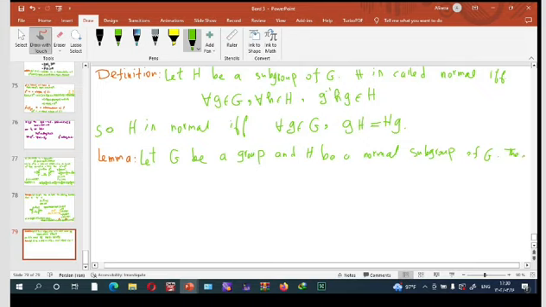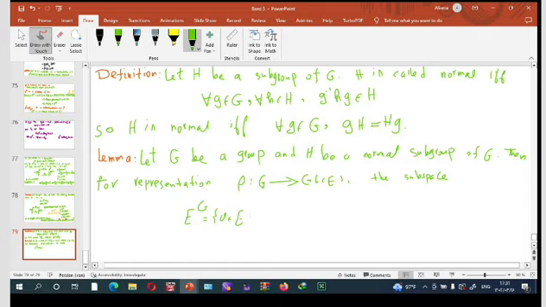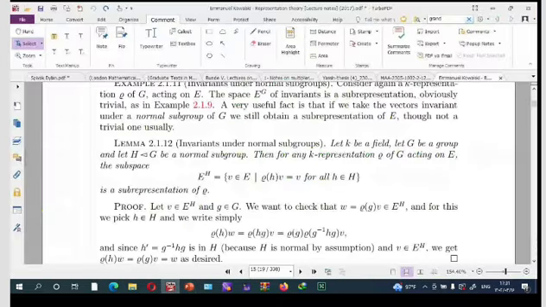Then for any representation rho, for example, from G to GL of E, the subspace E^H equal to the set of all elements v such that rho_h of v equal to v for all h in H. So we write E^H.